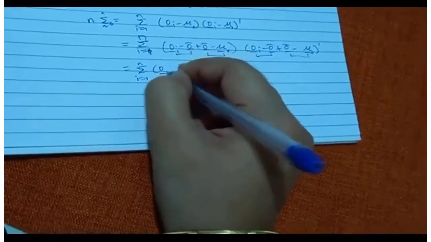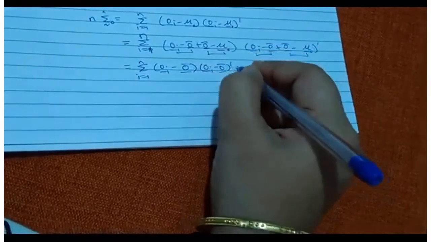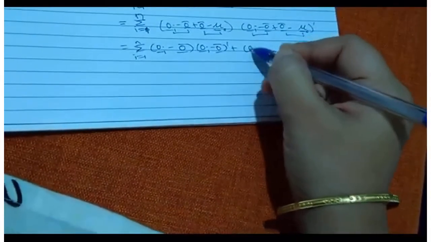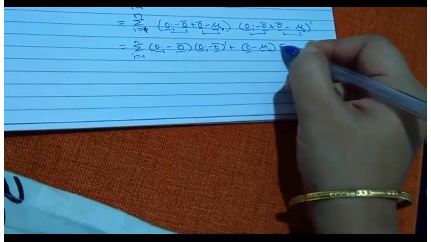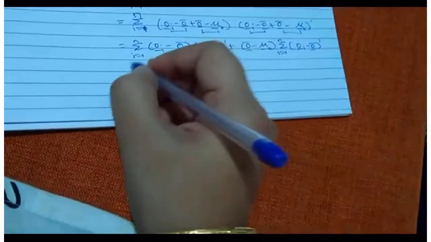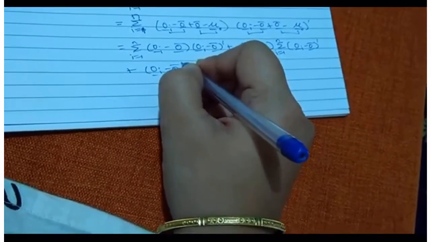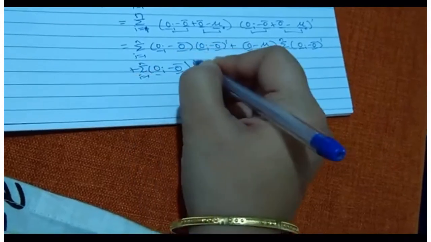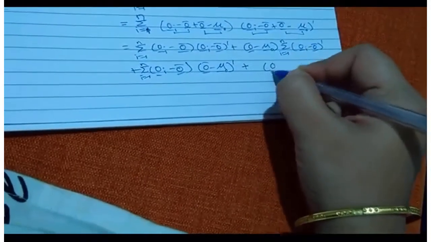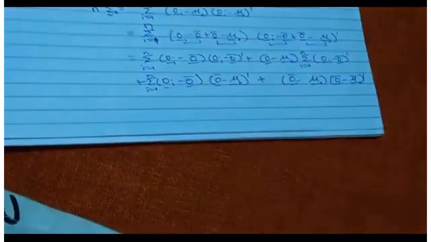So my first term is (oi minus O bar) into (oi minus O bar) prime. Plus the second term: O bar minus mu naught is free from i, so I will keep it outside, (O bar minus mu naught) into the summation of (oi minus O bar) prime, i going from 1 to n, plus (oi minus O bar) summation i going from 1 to n into (O bar minus mu naught) prime, plus (O bar minus mu naught) into (O bar minus mu naught) prime.